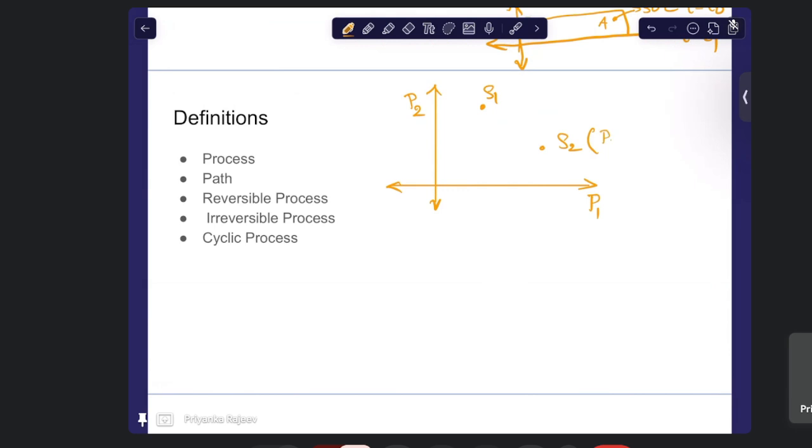State 2 is P1 of 2 and P2 of 2, and then you have got state 1 which is P1 of 1 and P2 of 1. Now if we want to take a system from state 1 to state 2, in any manner, that transformation from one state to another is called a process.